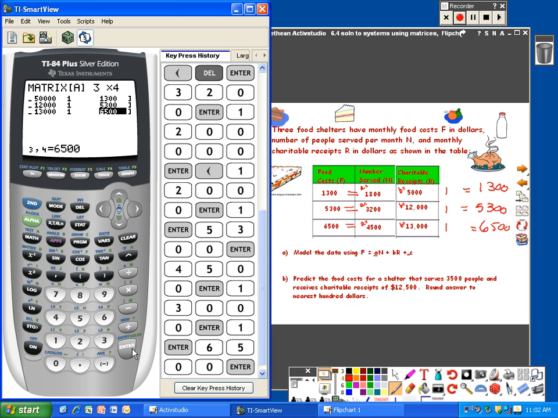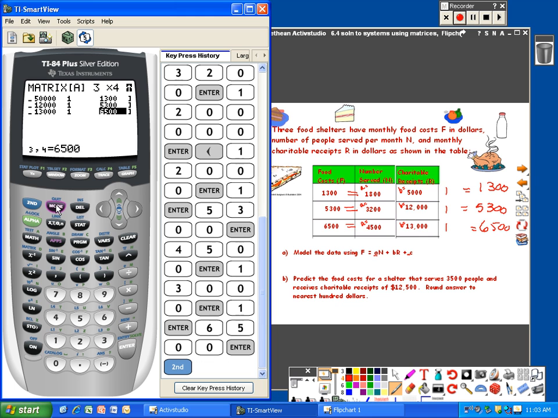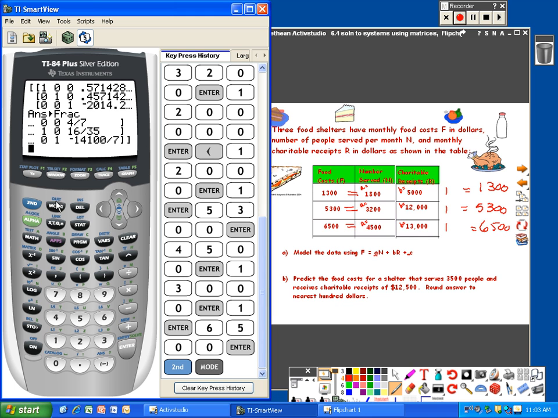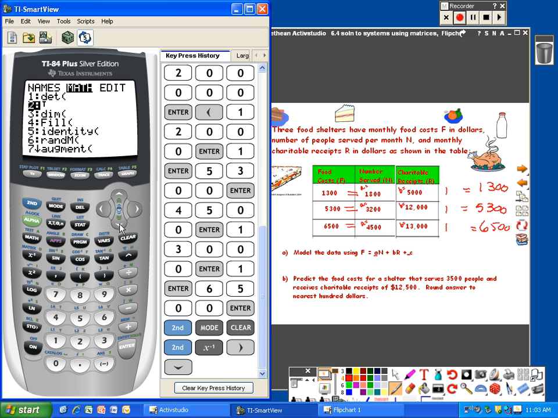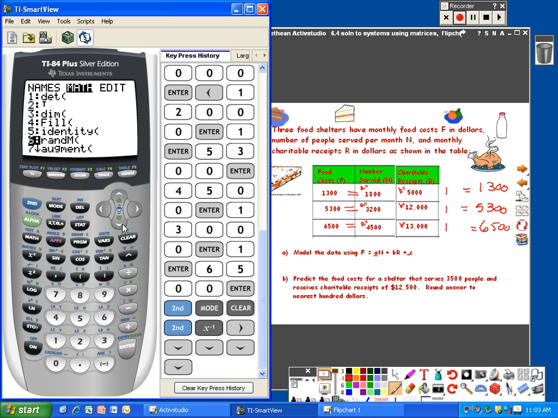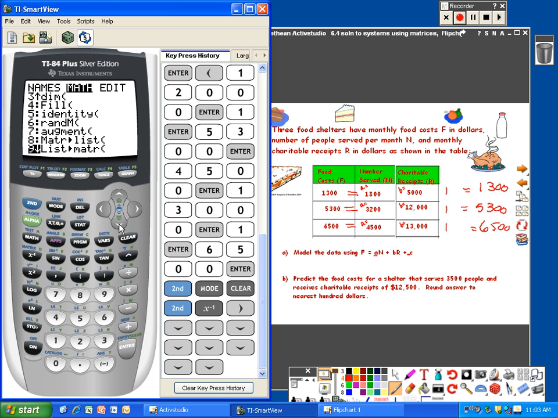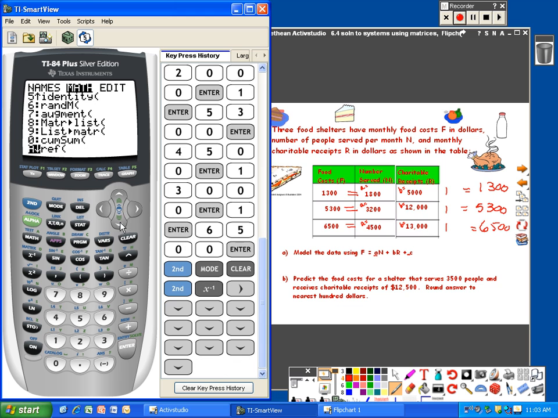Okay. And then I want to quit. So I'm in my calculator screen. Now I want to go to matrix and math. And I want to go down to row reference. So I just scroll down. I think they said it was B. R ref. Enter.